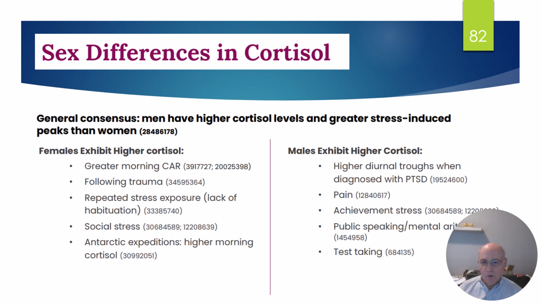So what are the differences in cortisol? Well, we know that women tend to develop more autoimmune disease, but they certainly have a greater morning cortisol awakening response, especially they respond differently to trauma than men, especially if there's a repeated stress exposure.